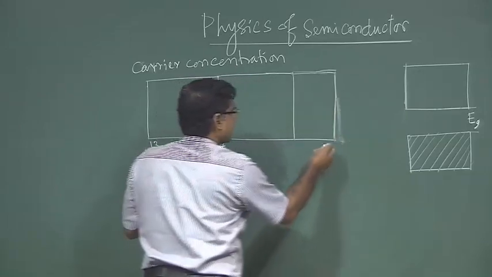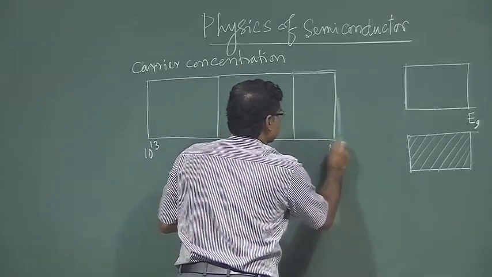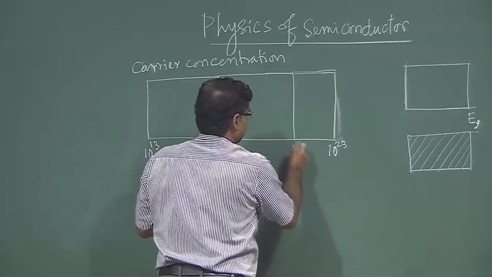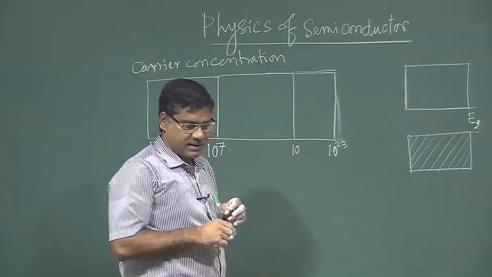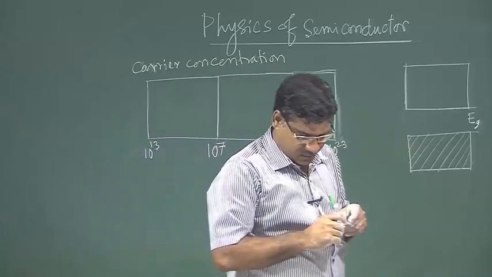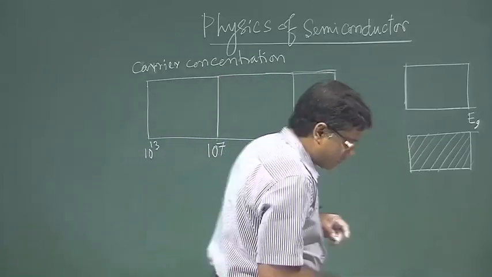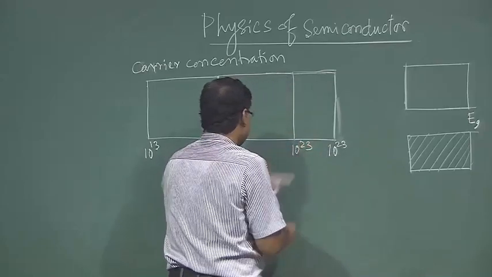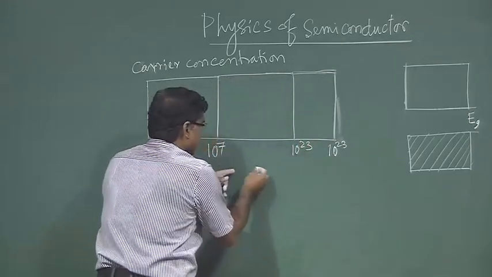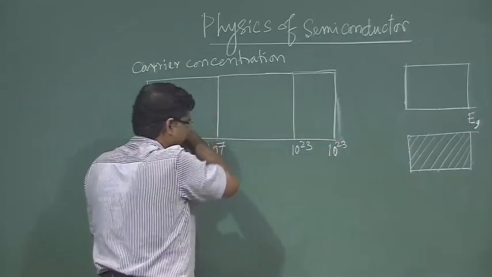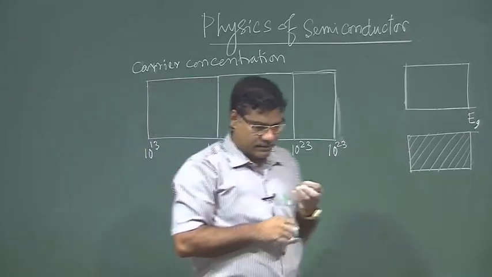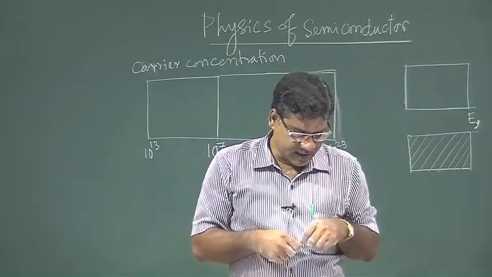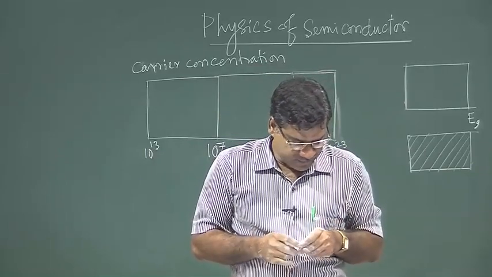So, for metal generally it's 10 to the power 22 to 23, I guess, yes. This is the concentration of electrons, per unit cc, cc means cubic centimeter.